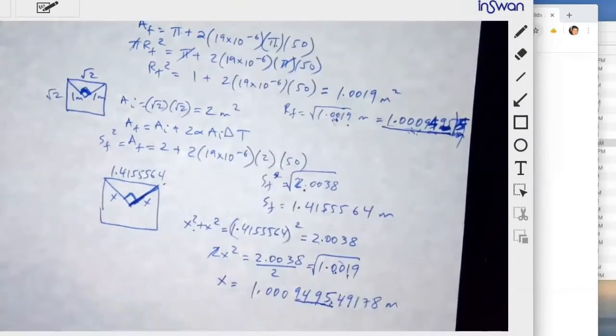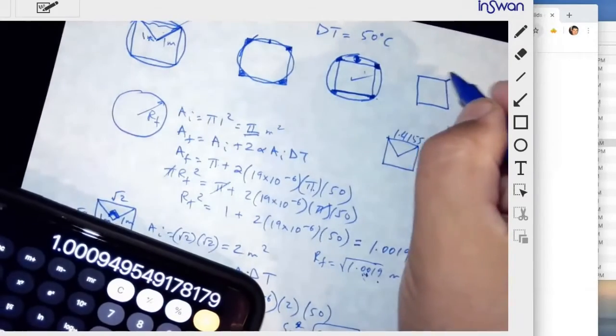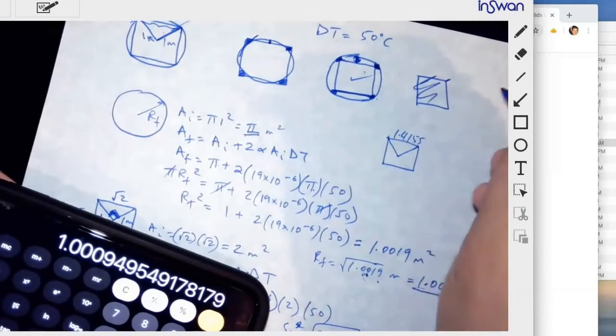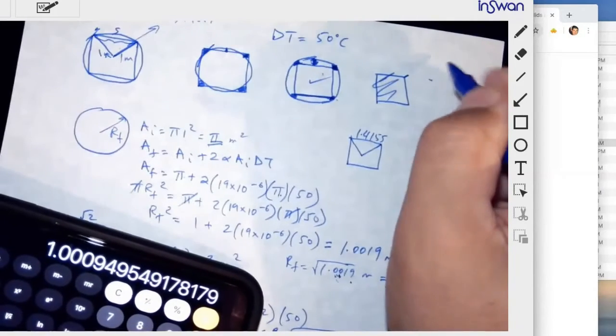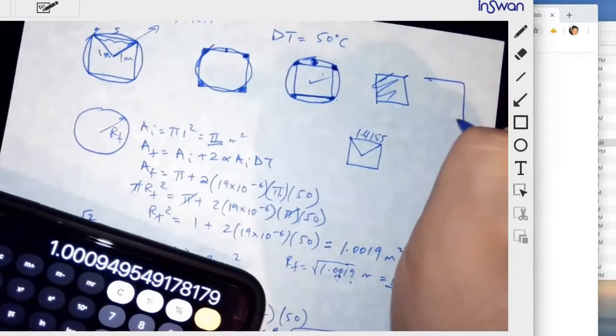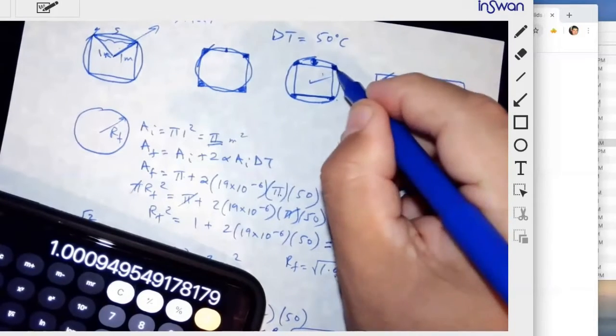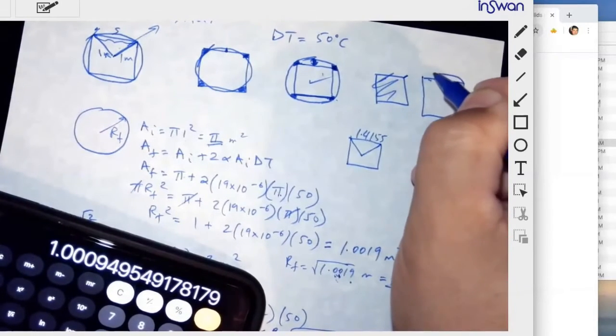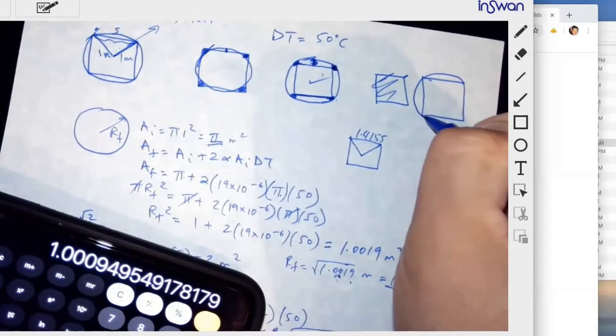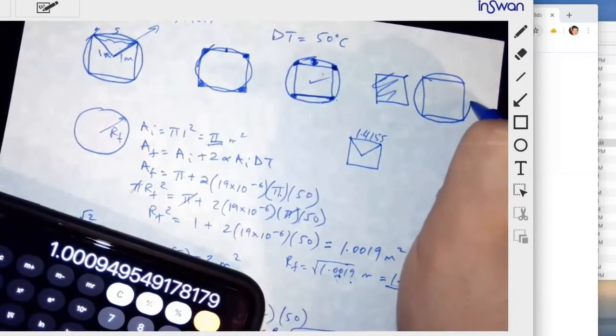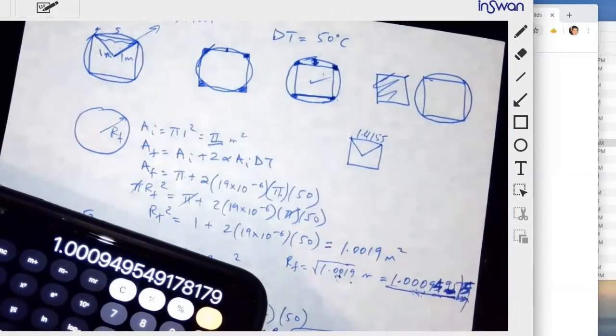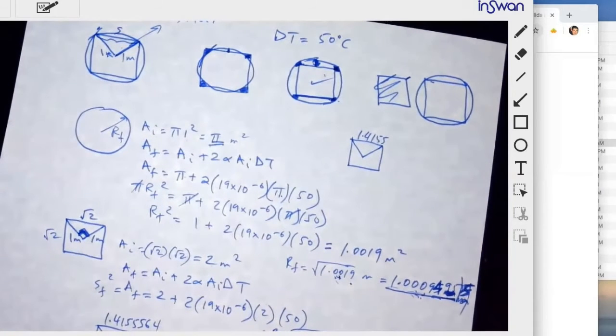That means at the end, they both expand. This one expands and the other one expands. And they're still touching at the corners. That's interesting.